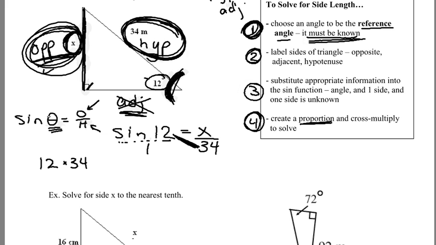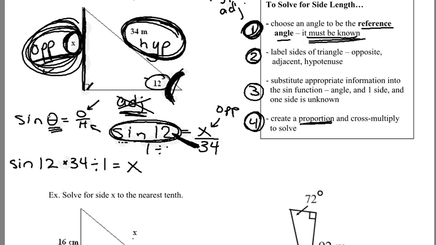This isn't up top here just a 12. It's sine 12. When we substitute into our calculator, we have to make sure we're inputting sine 12 times 34 divided by that 1. And that will give us our x. And x represents the opposite side, which is the unknown.